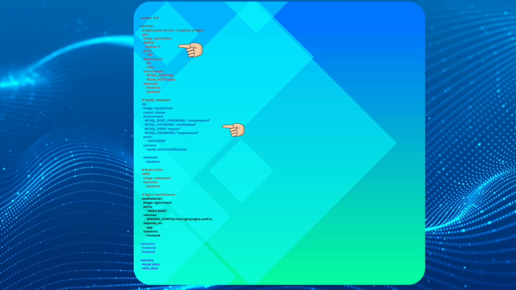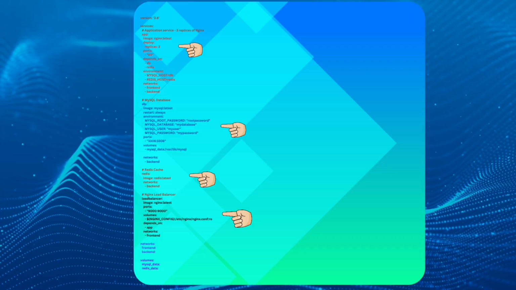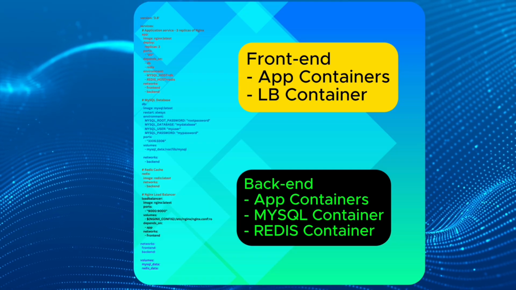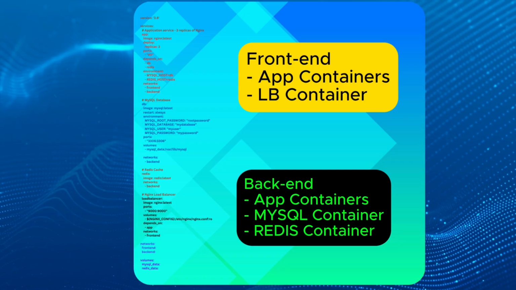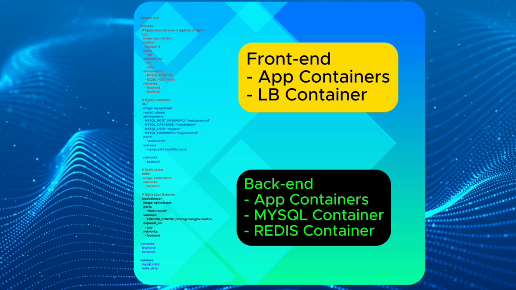We will be building 4 services through this Docker Compose YAML file: the app, MySQL, Redis, and the load balancer. We will create 2 custom networks, front-end and back-end. All our application containers will go into the front-end network and the back-end network. The Redis and the MySQL containers will go into the back-end network.